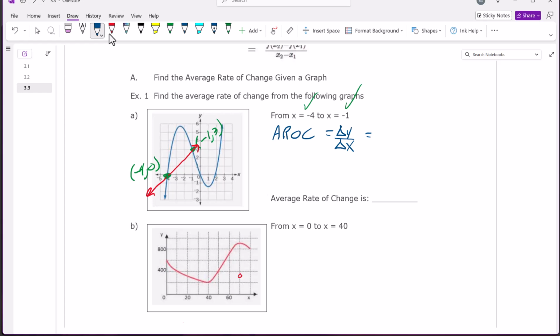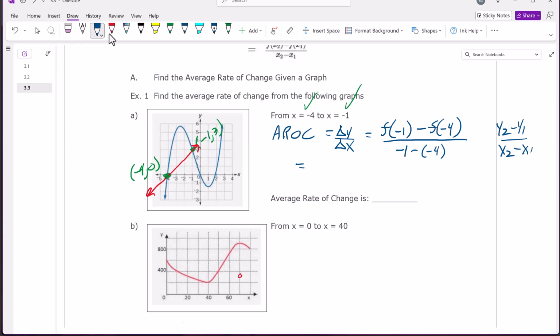I'm going to abbreviate this AROC, the formula delta y over delta x. What you're really doing is taking the function value of one of the x values minus the function value of the other, then doing the change of x in the same order. That's no different than just saying y2 minus y1 over x2 minus x1.